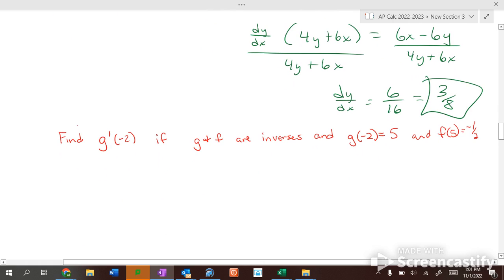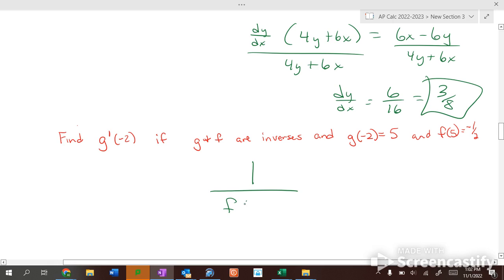Find G prime of -2, or the first derivative of G at -2, if G and F are inverses, and G of -2 equals 5, and F of 5 equals -1/2. Do you know how to set this up? I can never remember which one goes on the outside.